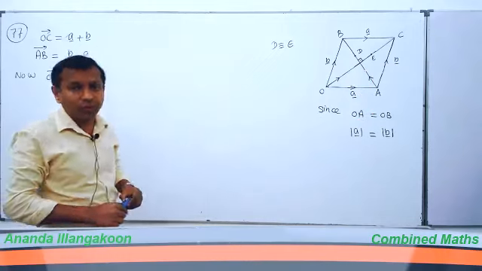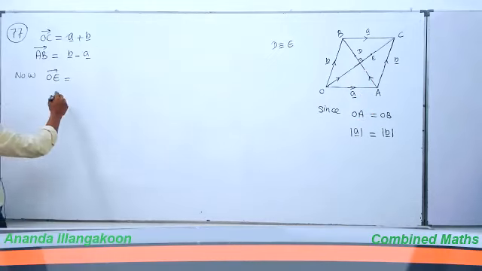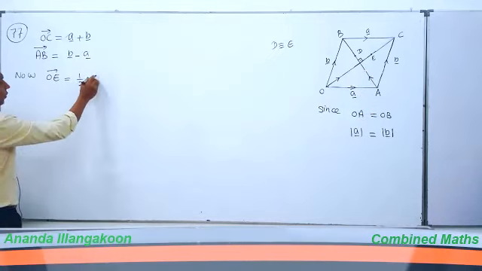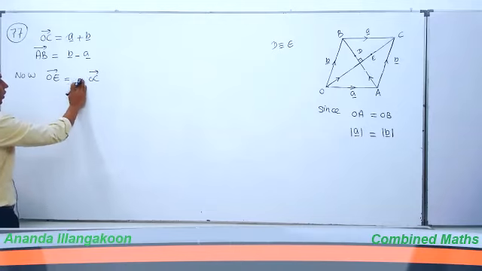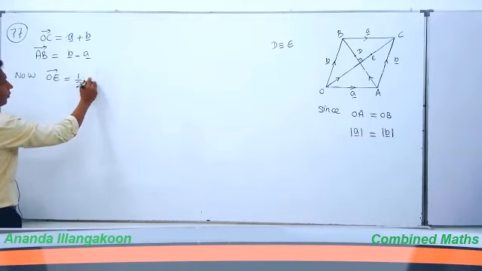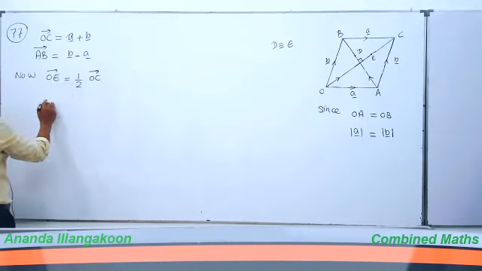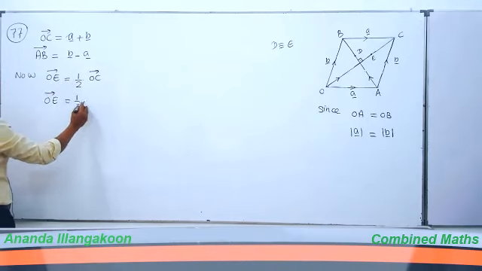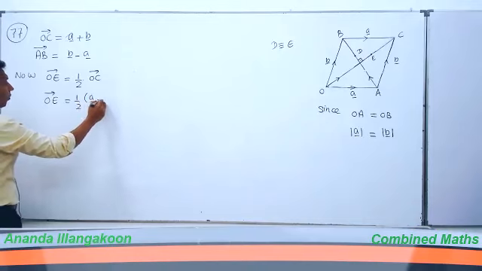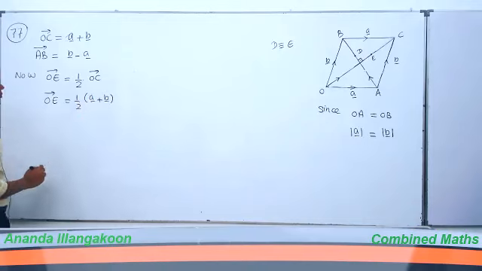OE vector, I can write as half of the OC vector because E is the midpoint of OC. OC vector is this, A vector plus B vector, so OE is half times the quantity A plus B.